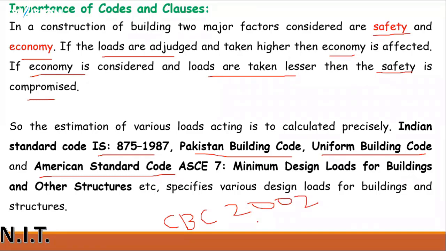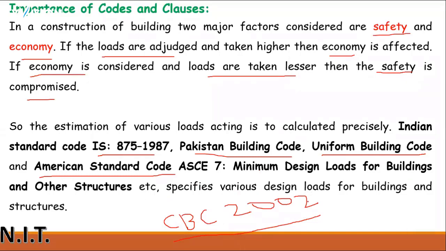CBC is also a document available which Chinese are using and designing with. When Chinese students, Chinese teachers and all over China, when they are designing any project, they have to follow the guidelines available in this standard CBC 2002.